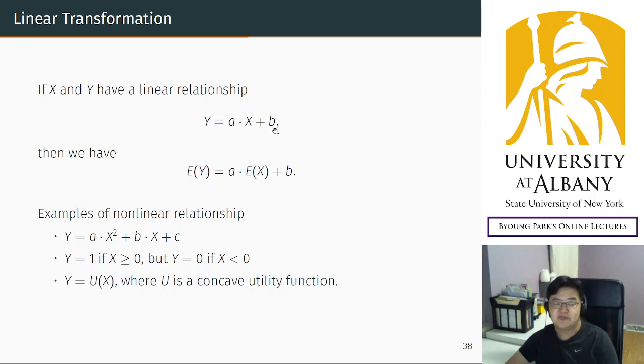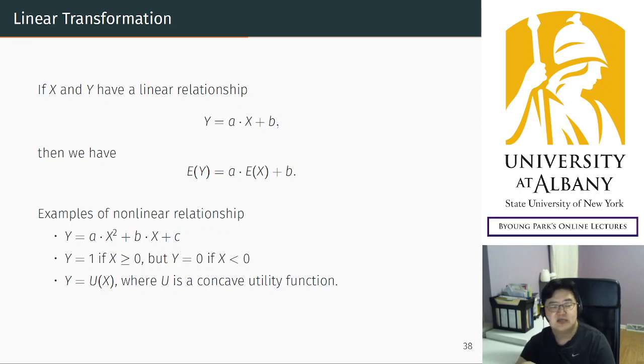It's a linear relationship because the new random variable y is made of x times something plus something, right? So multiply by something and add or subtract something. That's a linear relationship. So if the new variable is a linear transformation of the original random variable, then the new variable's expectation also satisfies the same linear relationship with the original variable's expectation.